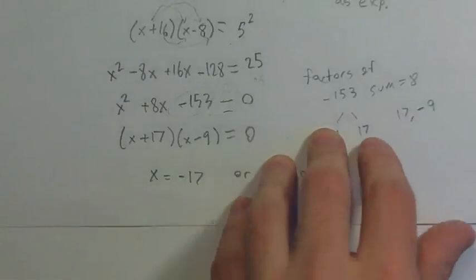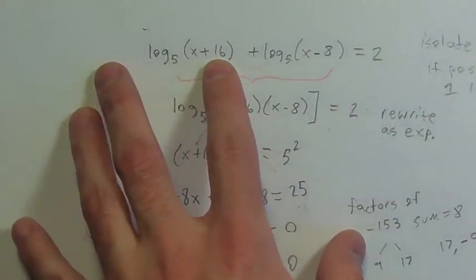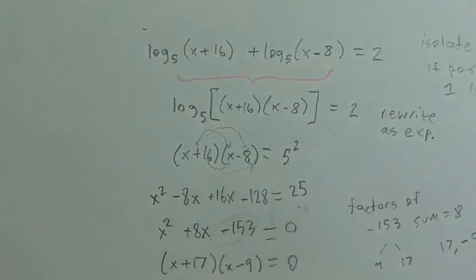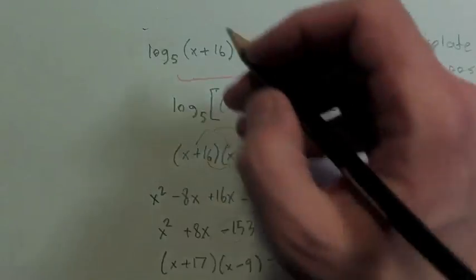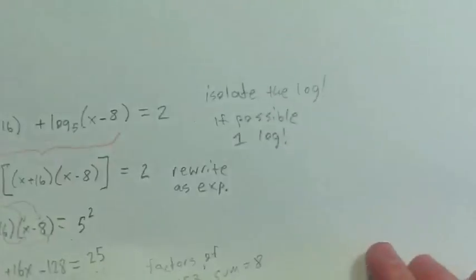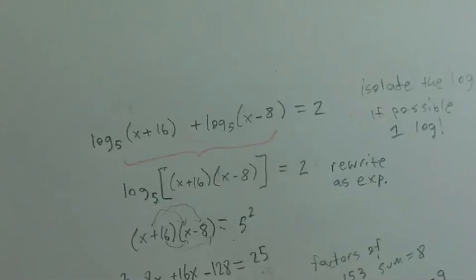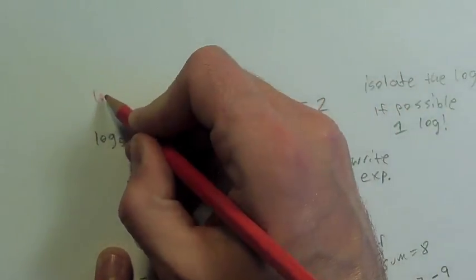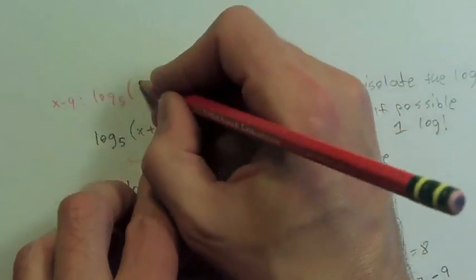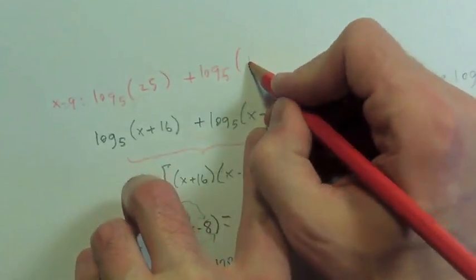When we plug in 9, we should get everything working out. Let me plug the value back in. Plugging in 9, we get log base 5 of 9 plus 16, which would be 25, plus log base 5 of 9 minus 8, which would be 1.